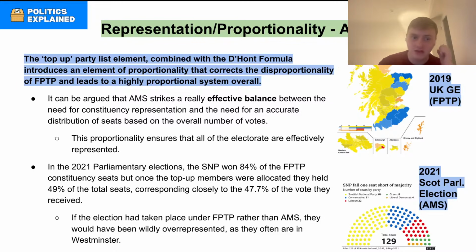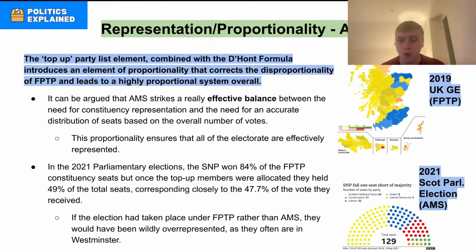For example, in the 2021 parliamentary elections, the SNP won 84% of the first past the post constituency seats, but once the top-up members were allocated, they only had 49% of the total seats because they weren't given many of the top-up seats, corresponding very closely to the 47.7% of the vote they received.